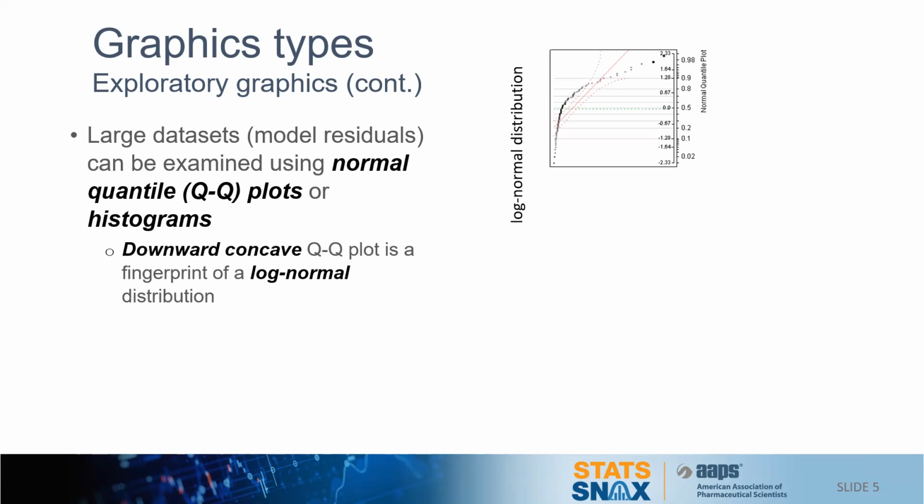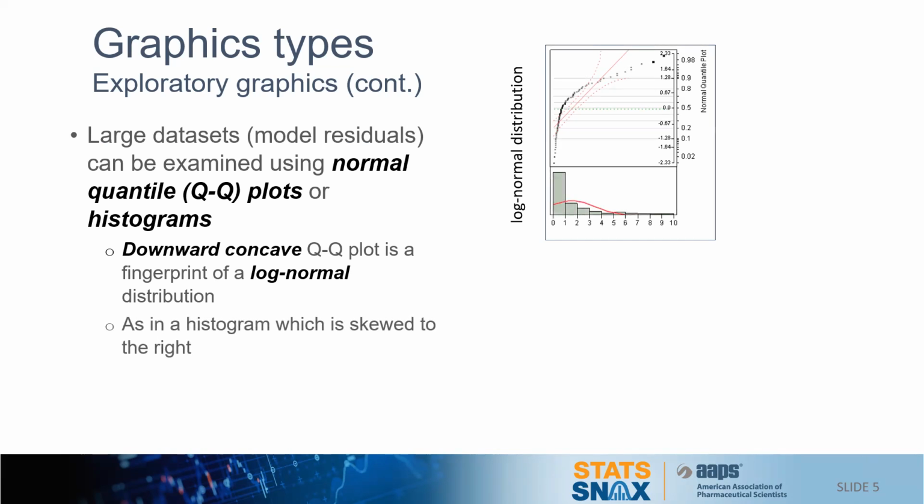Now, if we do a normal plot, such as one I'm illustrating here that comes out of a particular software package of a log normal distribution, the fingerprint for that distribution is that this normal plot, which is meant to show data appearing approximately on the red solid line, are concave downwards, or sometimes called spilling water.